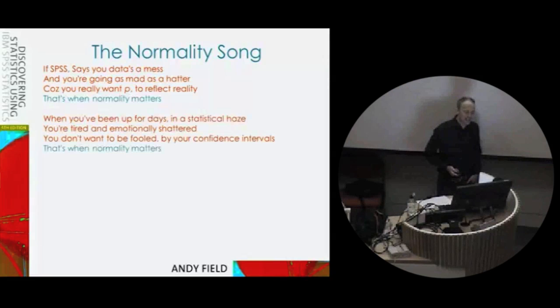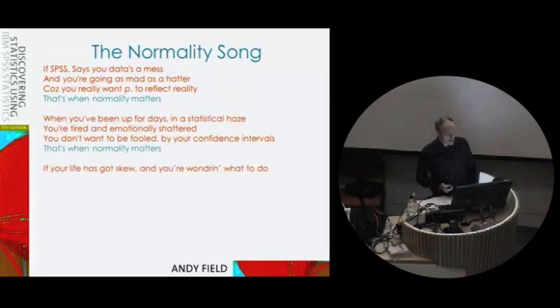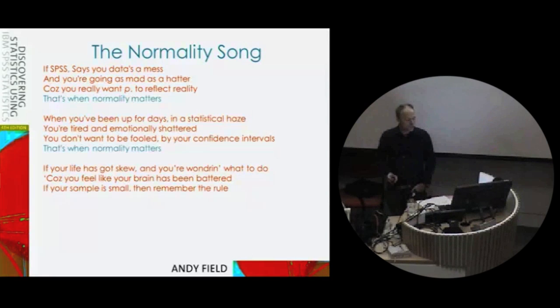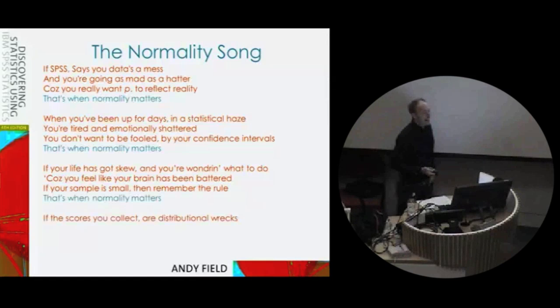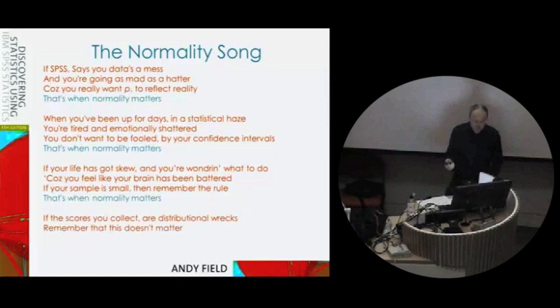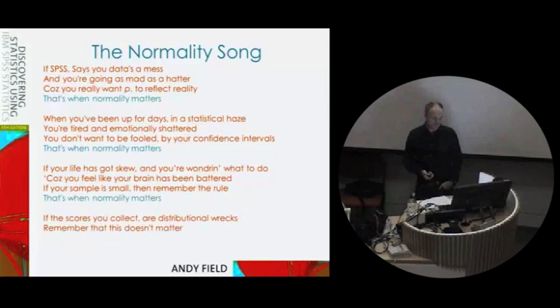That's when normality matters. If your life has got skew and you're wondering what to do because you feel like your brain has been battered. If your samples are small, then remember the rule. That's when normality matters. If the scores you collect are distributional wrecks, remember that this doesn't matter.